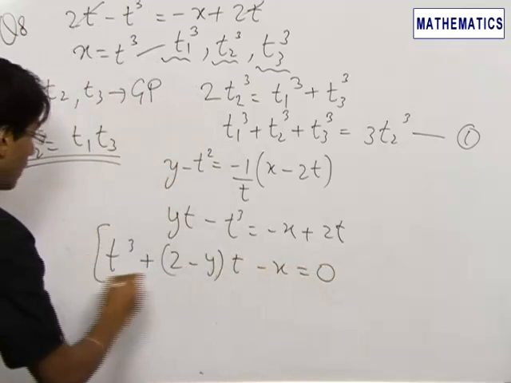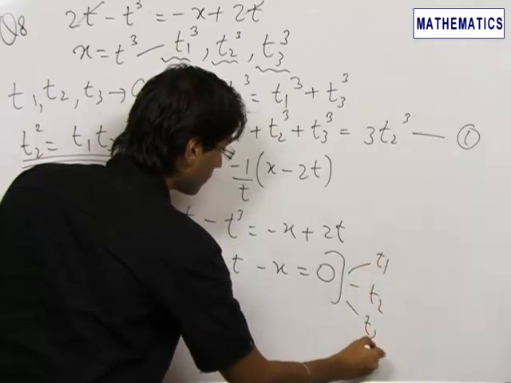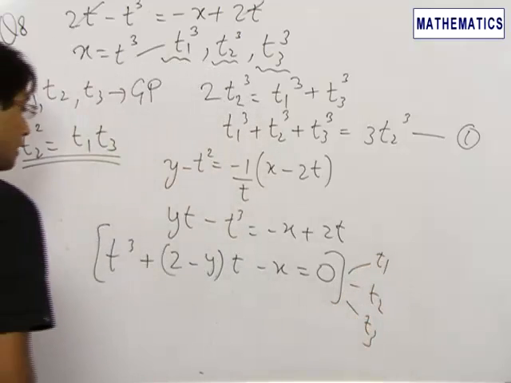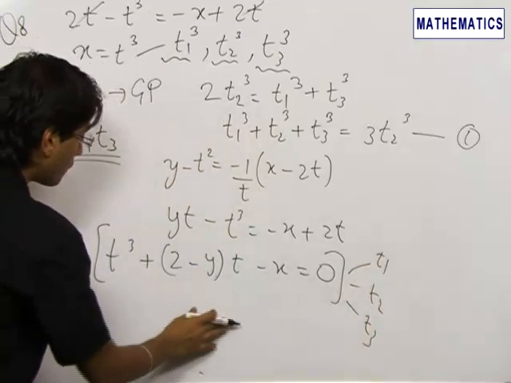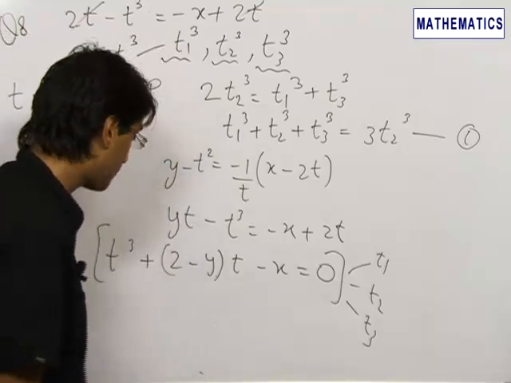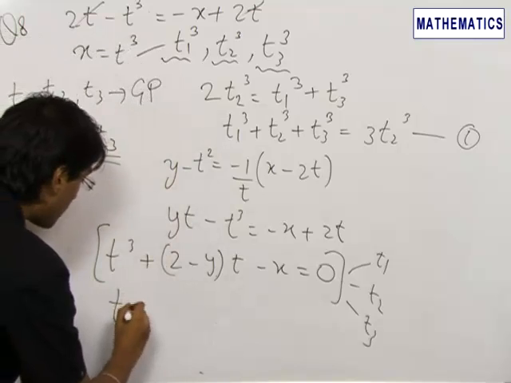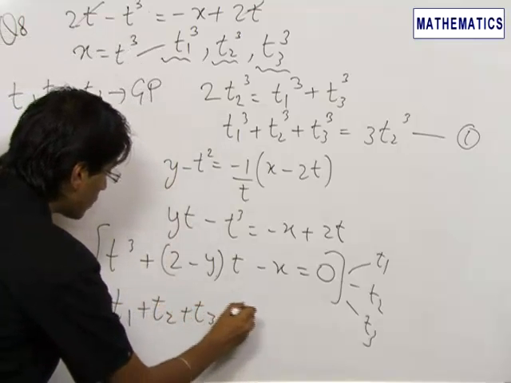Now this is a cubic in t having the roots t1, t2 and t3. Very obviously there is no term of t square. That is, the coefficient of t square is 0. Hence we can say that the sum of roots taken one at a time, that is t1 plus t2 plus t3, is equal to 0.